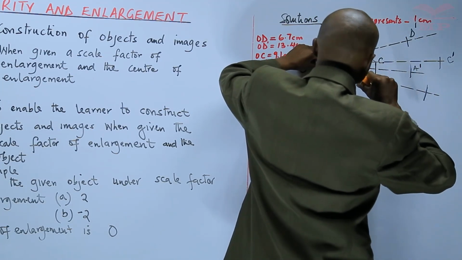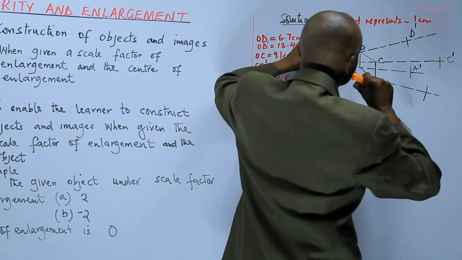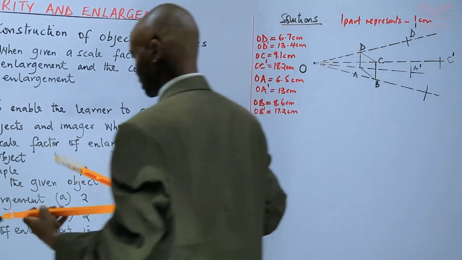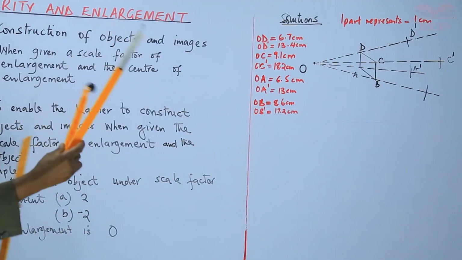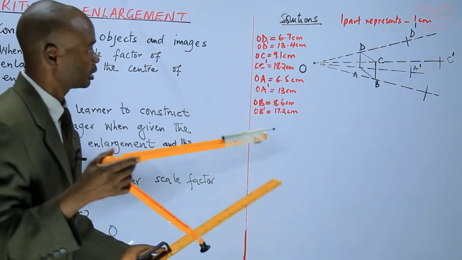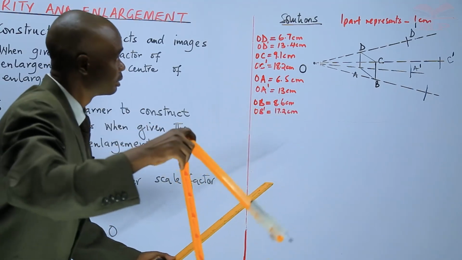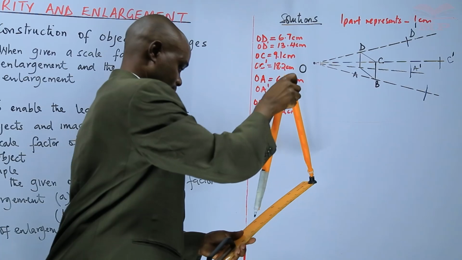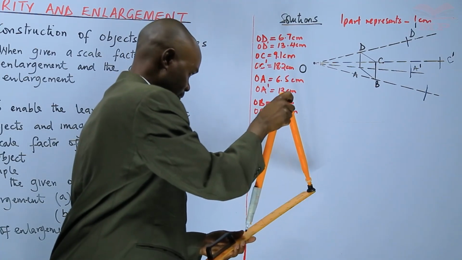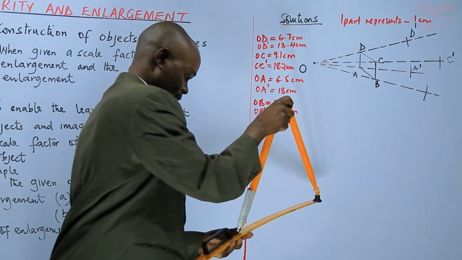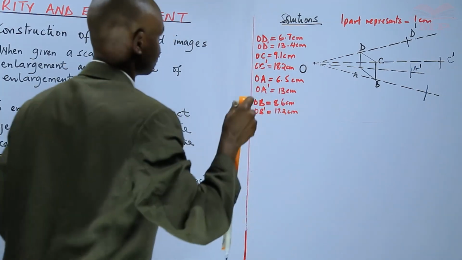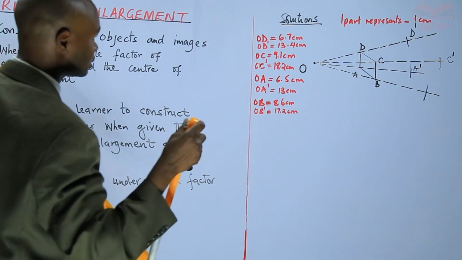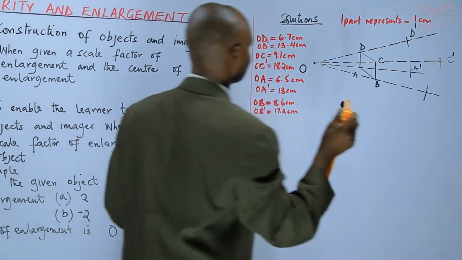That is B. Let's check again, 17.2. We shall check OC.